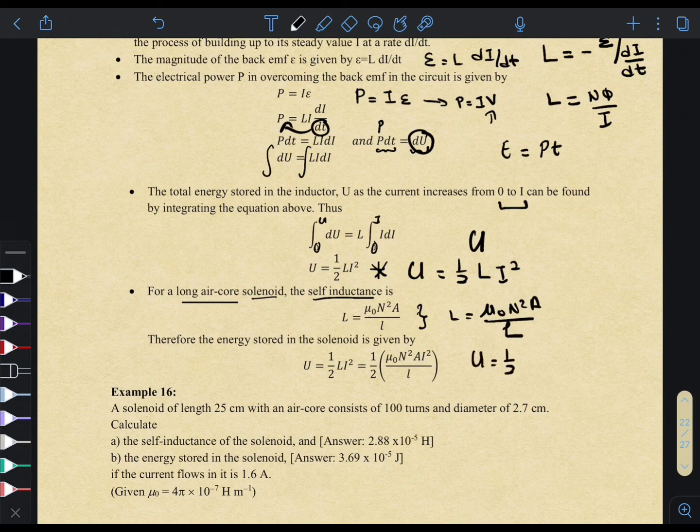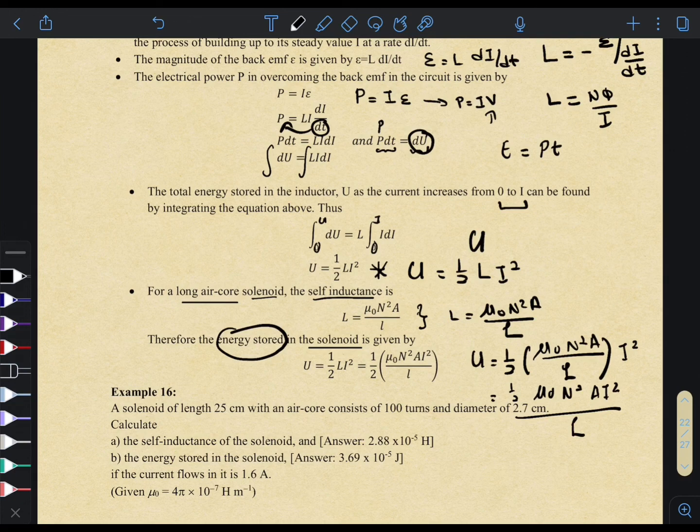Therefore, the energy for a solenoid is half, where L we substitute with mu naught N squared A over the length, which is the inductance of the solenoid, multiplied by I squared. You will end up with half mu naught N squared A I squared divided by the length of the solenoid. This is the length of the solenoid.